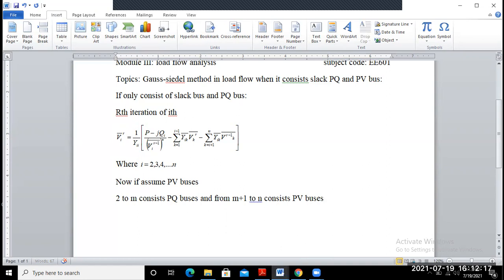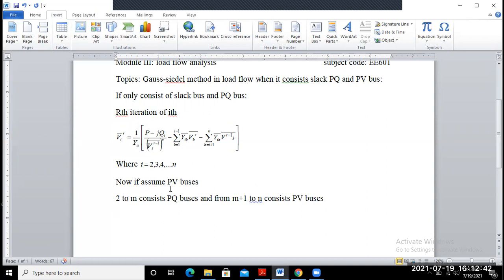Okay. So first of all, you know how we can write the value of the Rth iteration for the previous one. That means this equation. Simply we can write for the Rth iteration, so the same value we can write here.